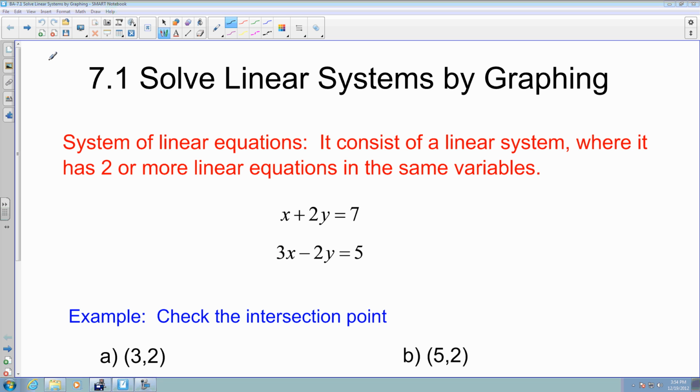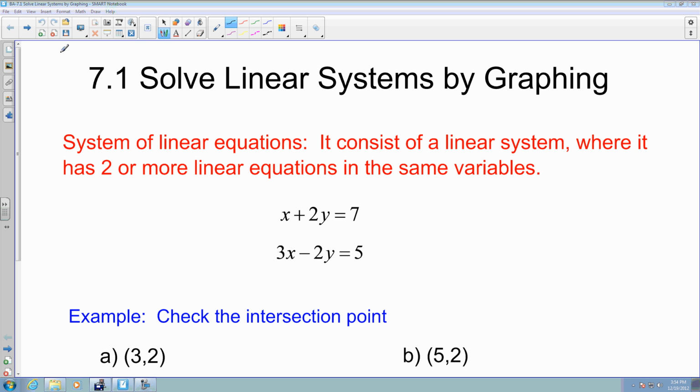Same thing for 3x minus 2y equals 5. That is also a line, and unless both of those equations have the same slope, we can conclude that they're going to have an intersecting point. What it is, I'm not sure.